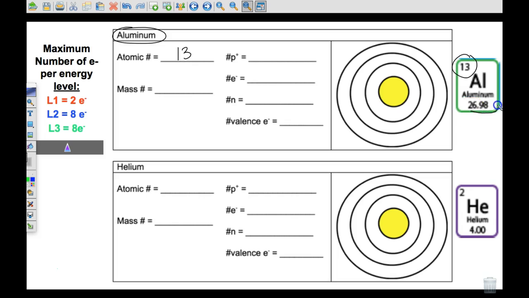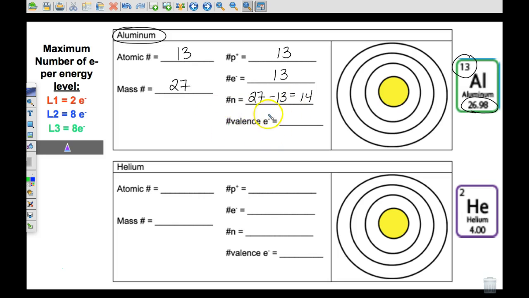And then I have 26.98, which will round to 27. Based on your previous knowledge of protons, electrons, and neutrons, my atomic number means 13 protons and also 13 electrons. For my number of neutrons, I'll have 27 minus 13, which is equal to 14 neutrons.